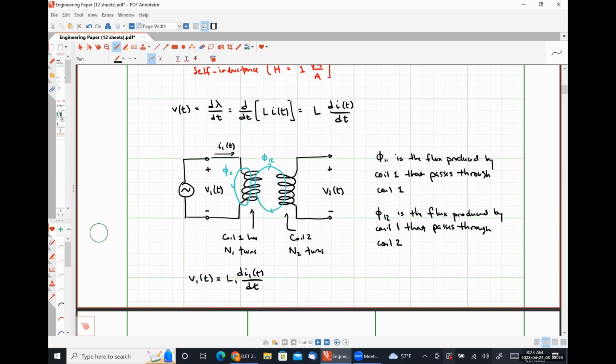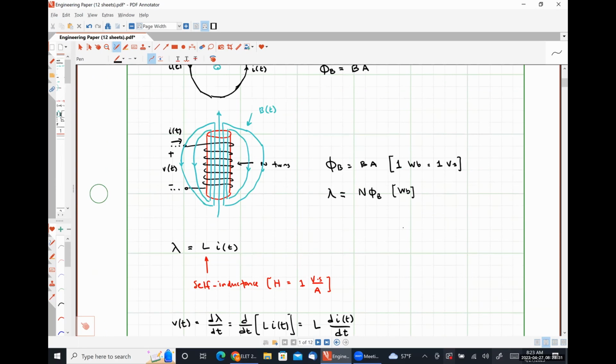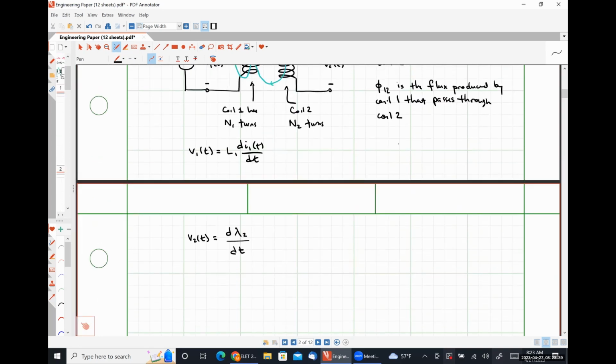So how did we define flux linkage up here? The number of turns times the flux, right? So coil 2 has N2 turns, and the flux passing through it is phi 1,2, right?